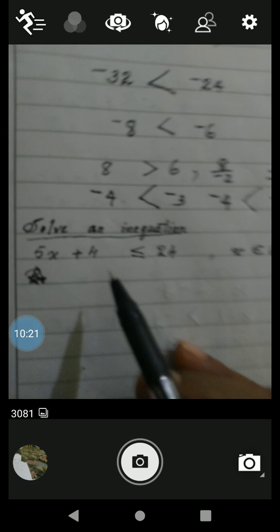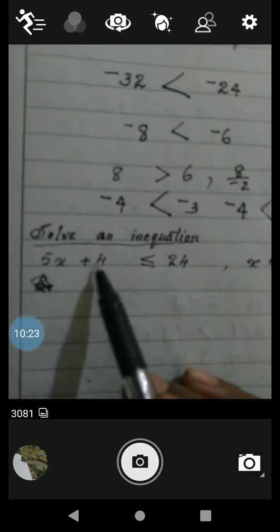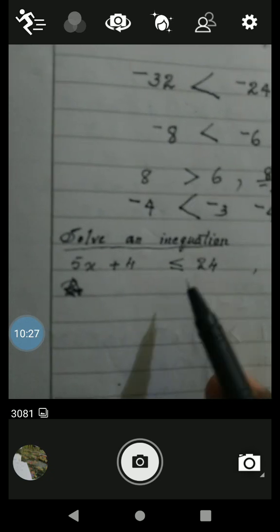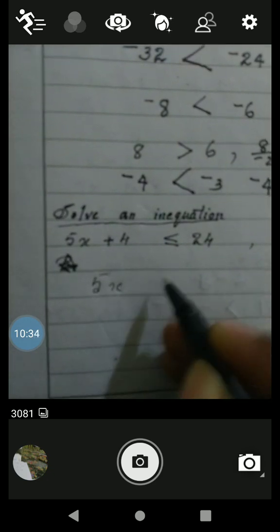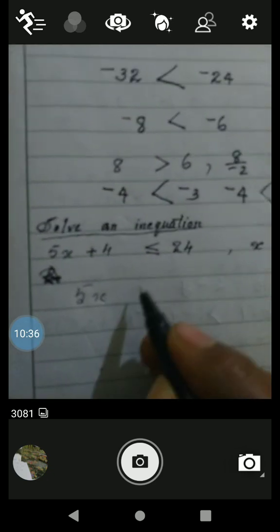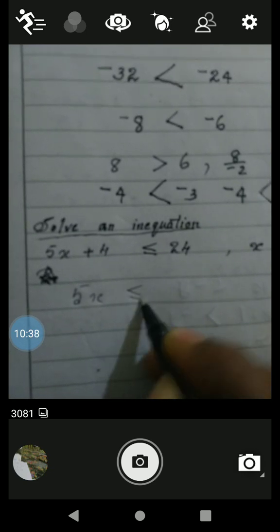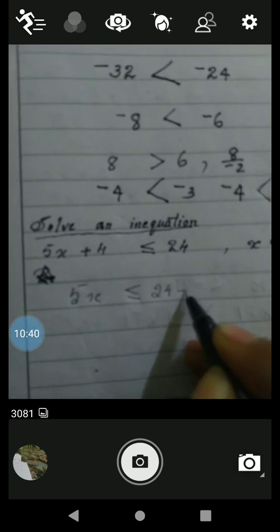Okay, now consider one inequation. You can see one question. 5x plus 4 is less than or equal to 24. We can solve this. Now transpose 4 to the other side. 5x is less than or equal to 24 minus 4.